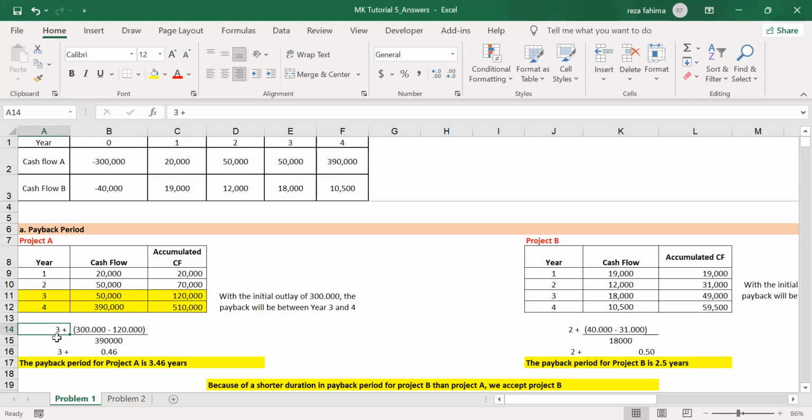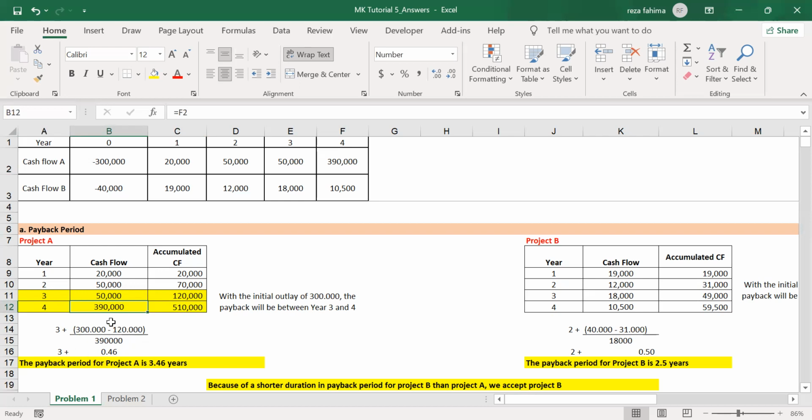You write down the 3 here, plus your initial investment, which is 300,000 for project A, minus the accumulated cash flow of the earlier year, which is 120,000, divided by the cash flow, not the accumulated one, but just the cash flow for year 4, so it is 390,000.